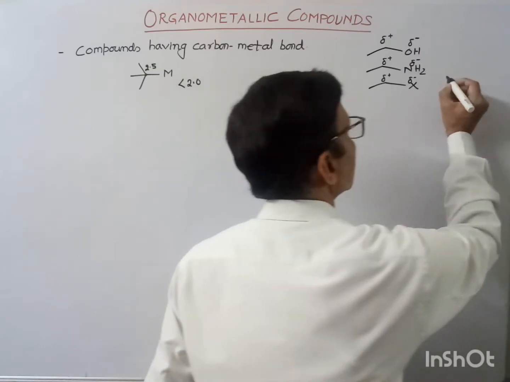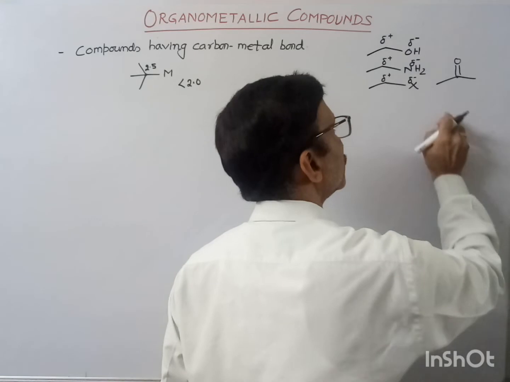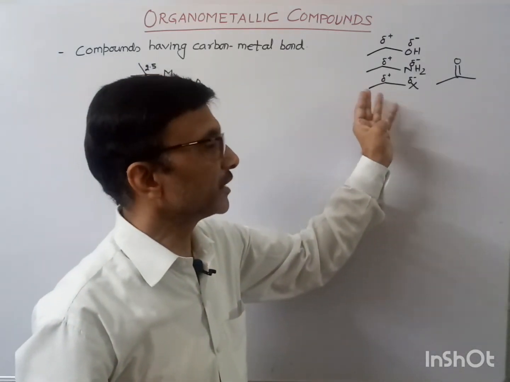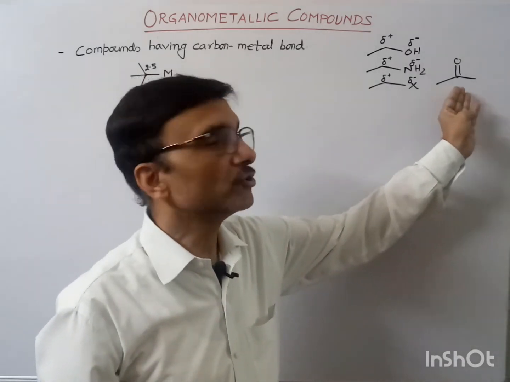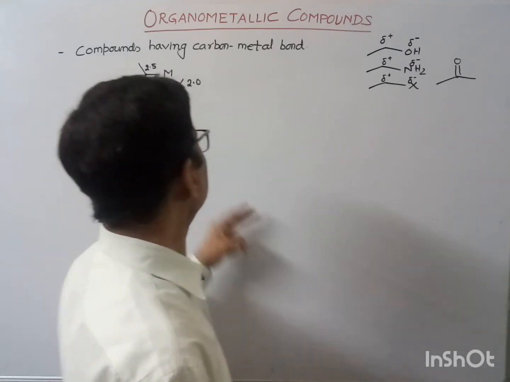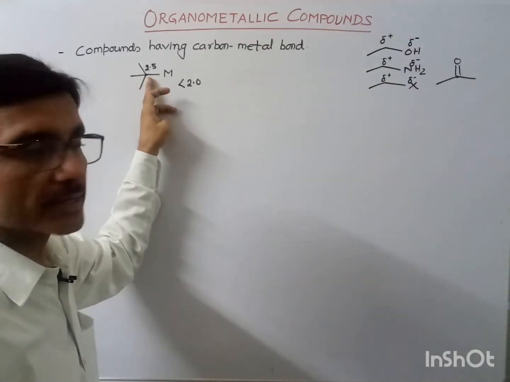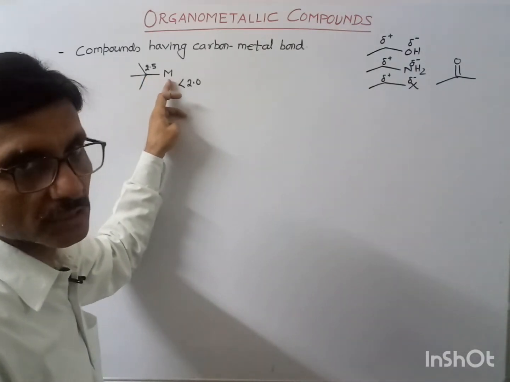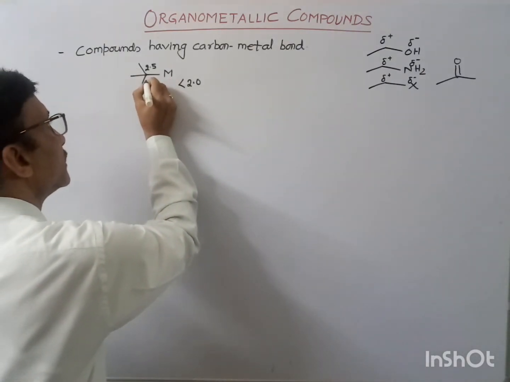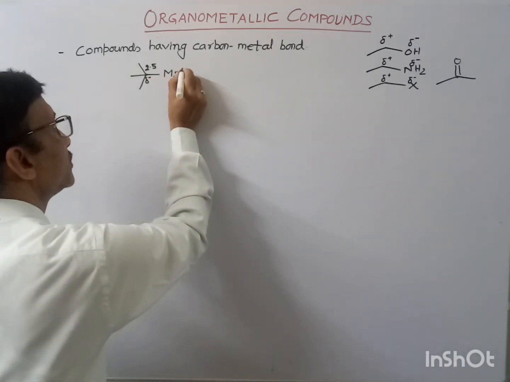For example, in a carbonyl compound, this is also an electron deficient center. A nucleophile can attack here, and a substitution reaction or nucleophilic addition reaction may take place. But in this case, this carbon has higher electronegativity in comparison to the metal. So this carbon has a partial negative charge, whereas the metal has a partial positive charge.